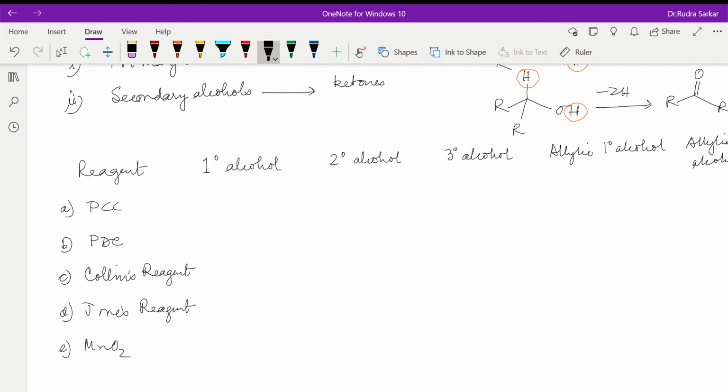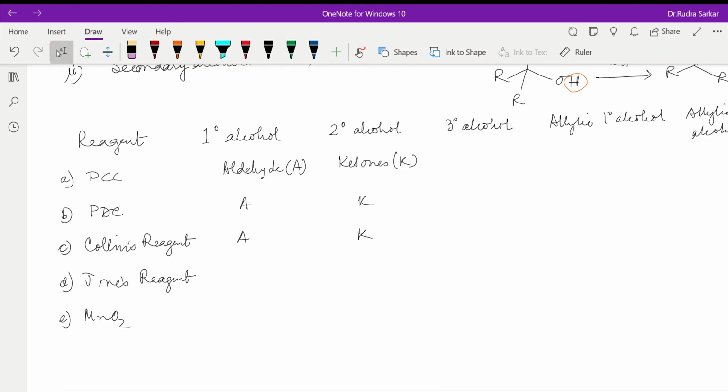Now 1 degree alcohols, I'm saying this is giving you aldehyde, which I have abbreviated as A. These ones will give you ketones, which I'm abbreviating as K. Okay, so for PDC also 1 degree is giving you A, 2 degree is giving you K, Collins gives you A, giving you K, Jones reagent will give you acids, second degree will be giving you K, but none of these will be oxidized by MnO2 as they are not allylic.